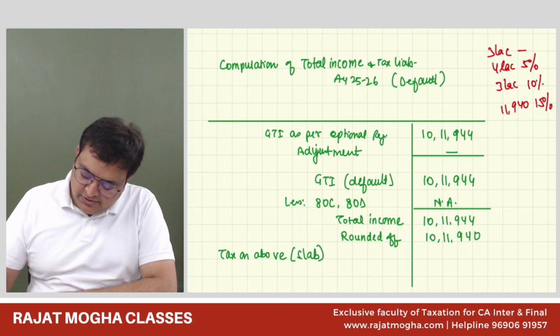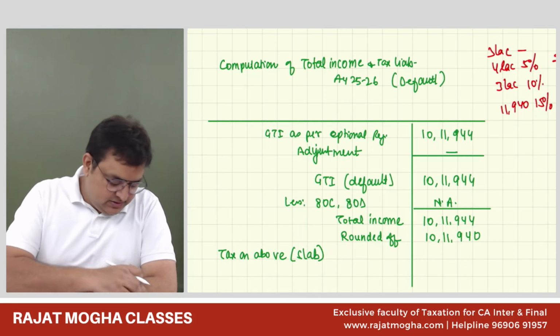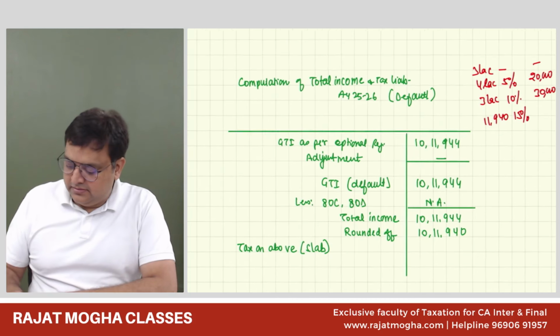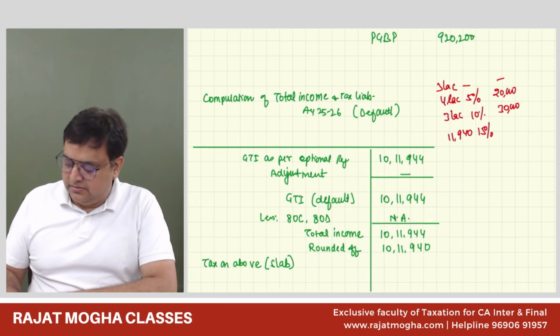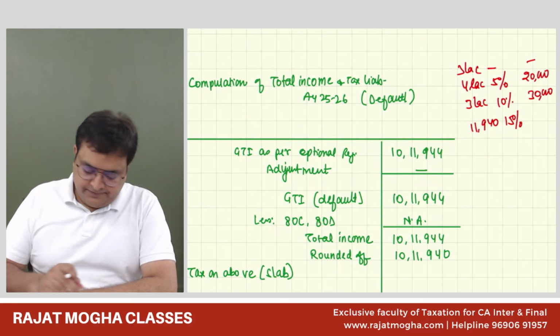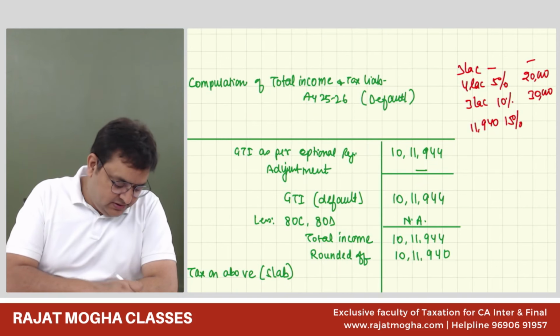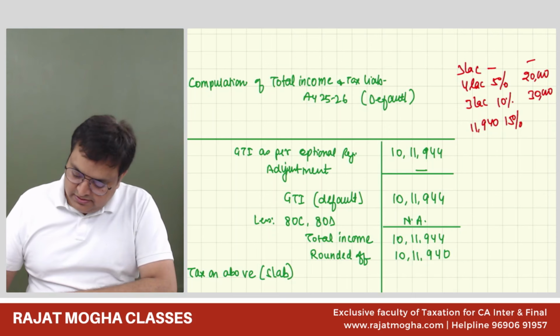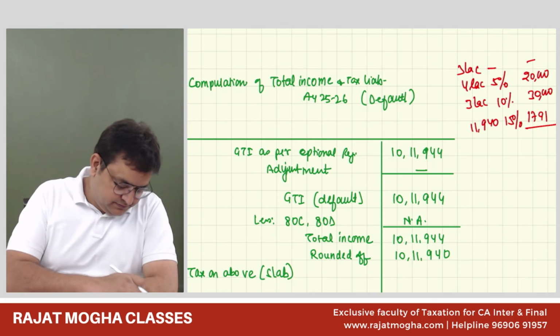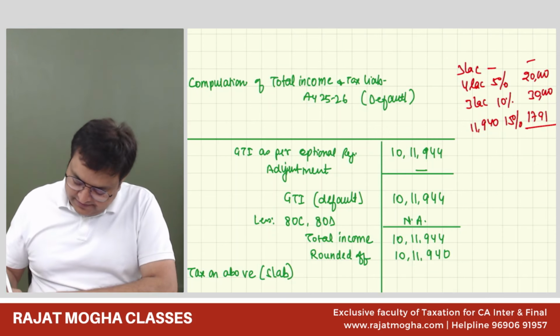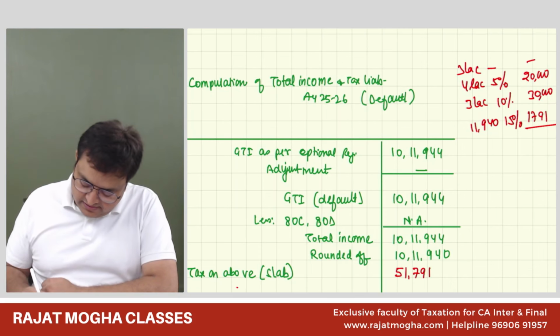So it is 0, it is 20,000, it is 30,000, and 11,940 into 15%, 1791. You just do the total, 51,791, plus 4% health and education cess.